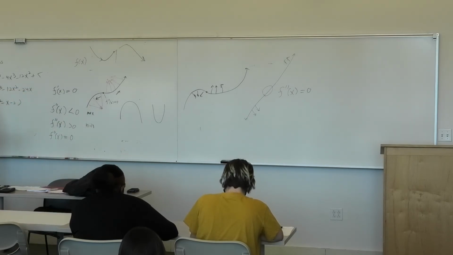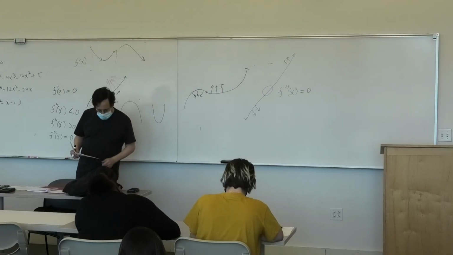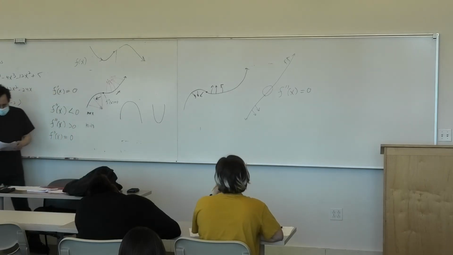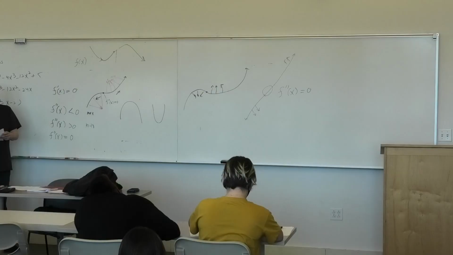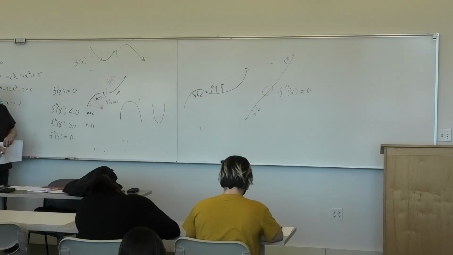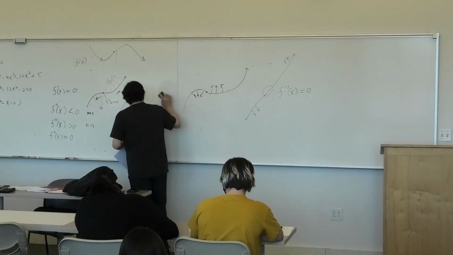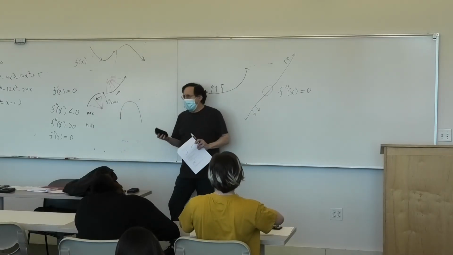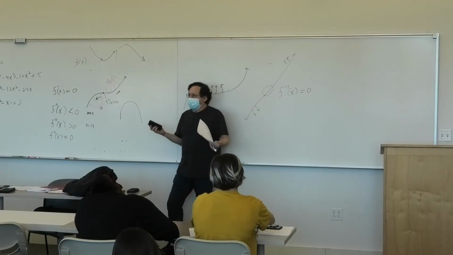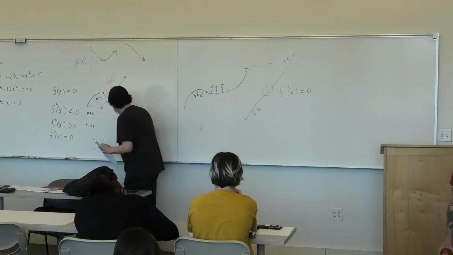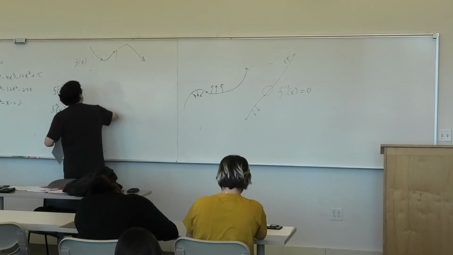I think we have time to do one example. Again, what I want to make clear is, the homework in the book is going to say things like, here's a function, find these points, draw the graph.